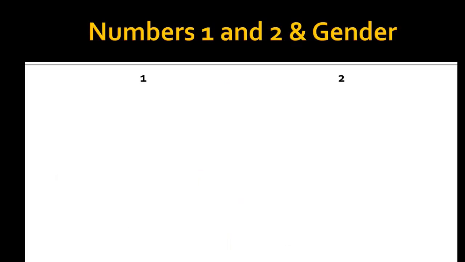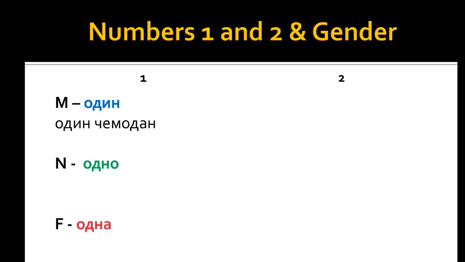Now let's take a second and review the various forms for the numbers 1 and 2 in Russian. The word 1 has 3 forms: masculine один, neuter одно, and feminine одна. For example, if one is followed by a masculine word, you would say «один чемодан». When it is followed by a neuter noun, you would use «одно метро».